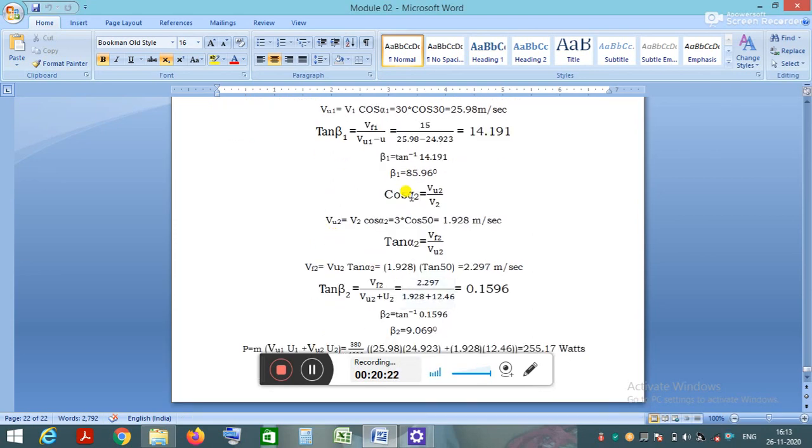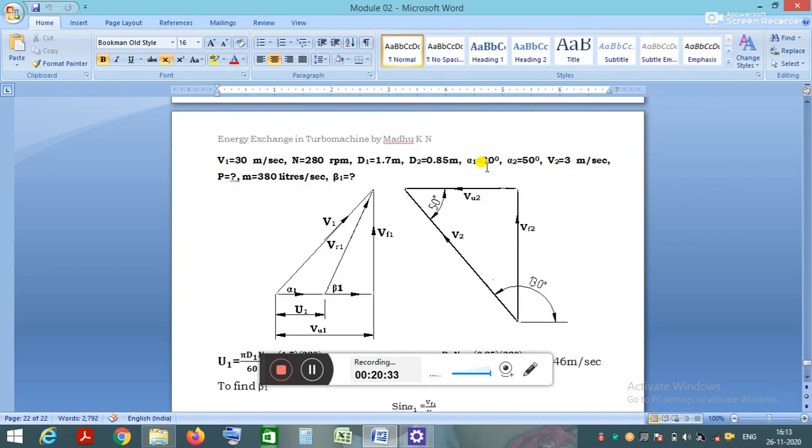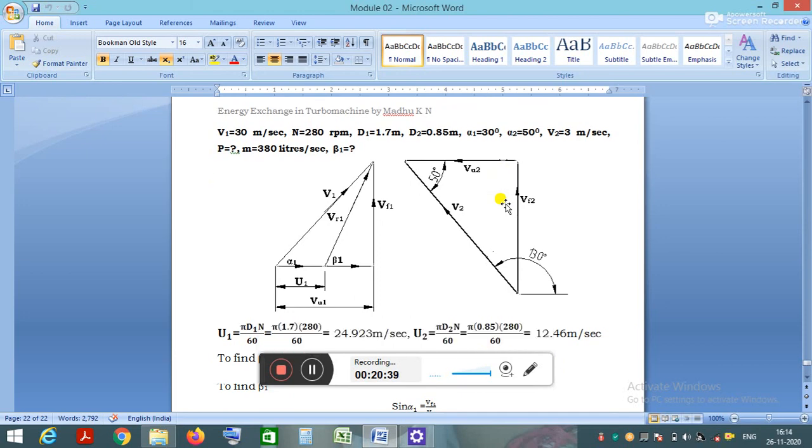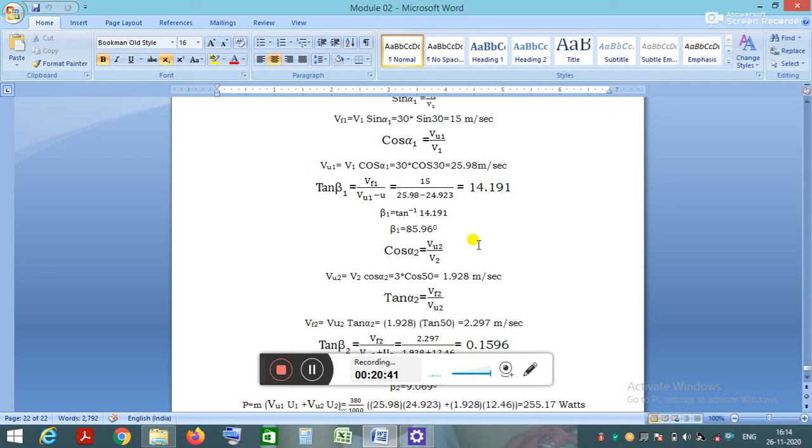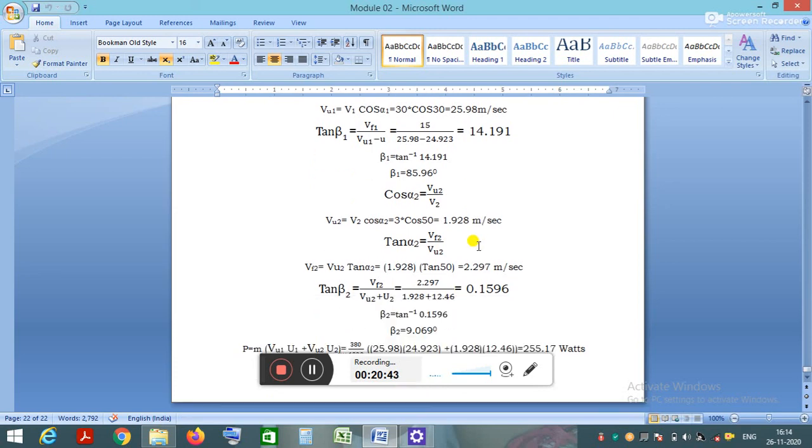Similarly, using trigonometric relations, we can find out beta 2, which is given by tan beta 2 equals Vf2 by Vu2 plus U2.